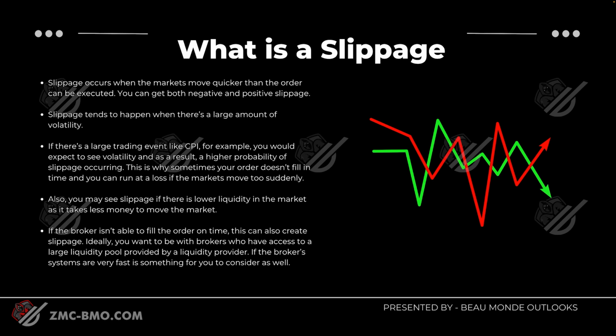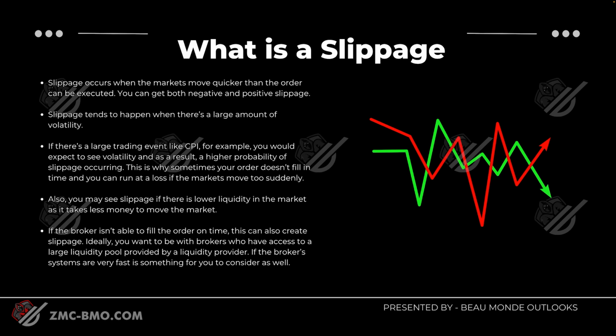This is why sometimes your order doesn't fill in time and you can run at a loss if the markets move too suddenly. You may also see slippage if there's lower liquidity in the market, as it takes less money to move the market. Think of it like a pot. If there's less money to move that pot, the higher the likelihood there might be some slippage.